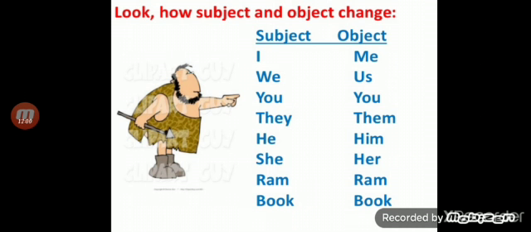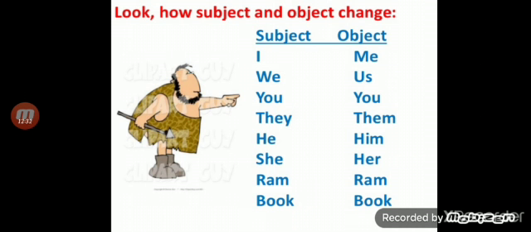Subject I, in object, should be changed into me. We, us. You, in object, you. There is no change in the subject and object of you. They, them. He, him. She, her. So for personal pronouns, all these changes will happen.